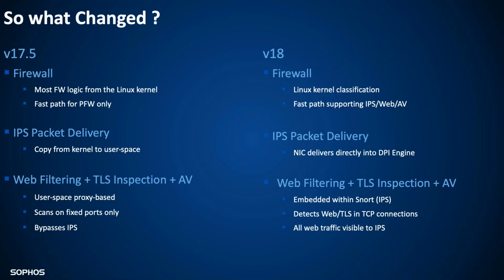There are also some major upgrades to web filtering, where we still retain the existing behavior of proxy-based filtering, which is also part of the user space. But now web filtering is embedded within the Snort, and we also detect web and TLS and TCP connections. So we don't go by fixed ports on 80 and 443 only. Any custom ports where we see TLS traffic, we intercept it.